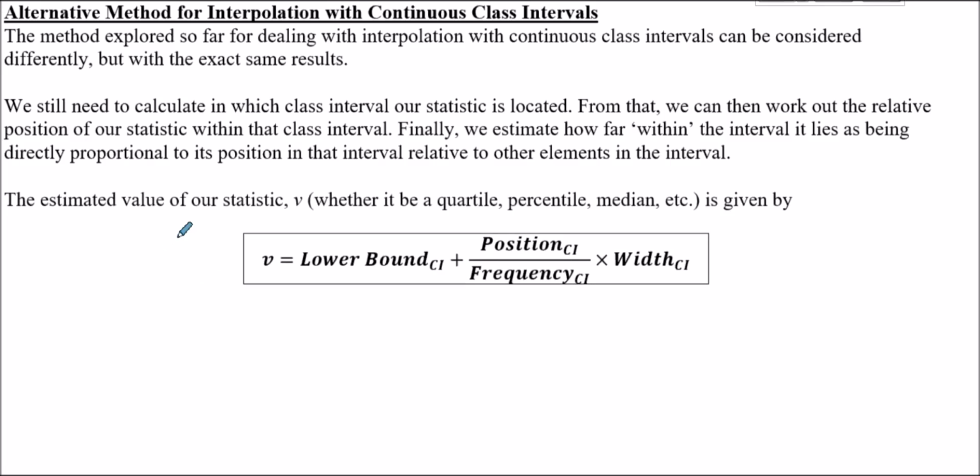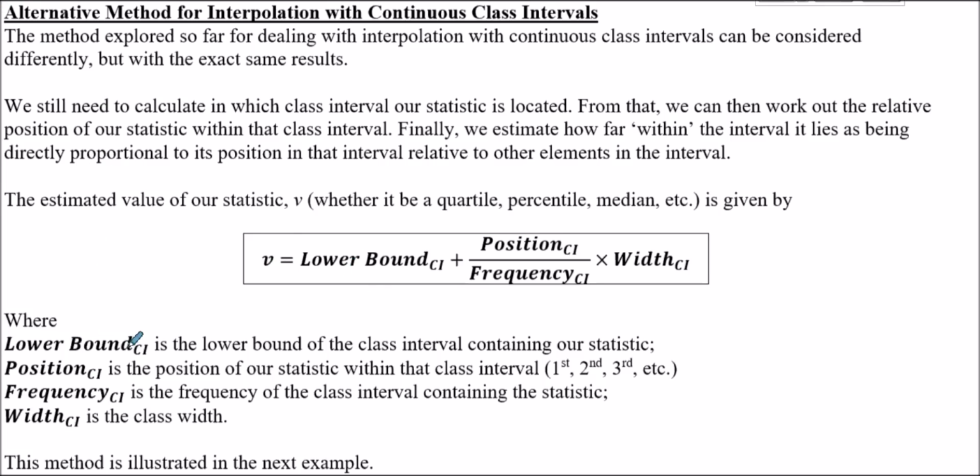The estimated value of our statistic, call it V, so V might be a quartile, a percentile, a median, is given by this formula here, which is nowhere near as bad as it looks. All this is essentially boils down to working out fractions of amounts. So I'll explain what these terms mean now. The lower bound, subscript Ci, just stands for the lower bound of the class interval containing our statistic in question.